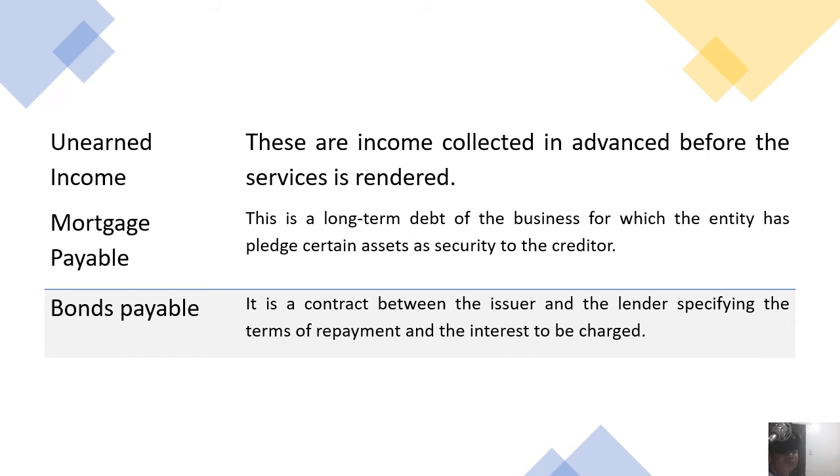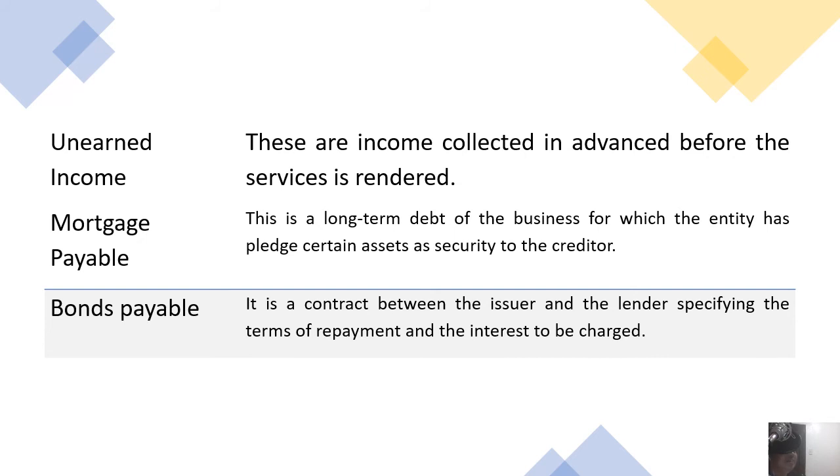Mortgage payable. So, it is a long-term debt. Ang maturity niya is more than 1 year of the business for which the entity has pledged certain assets as security to the creditor. So, mayroong collateral. So, yan ang mortgage payable.